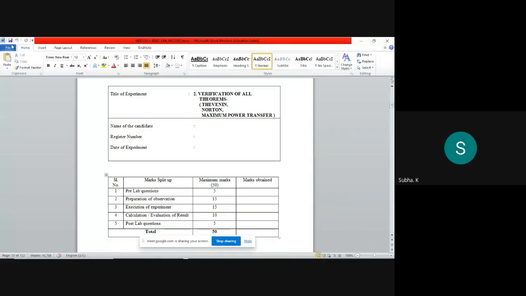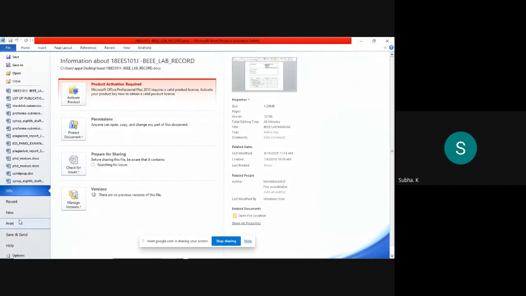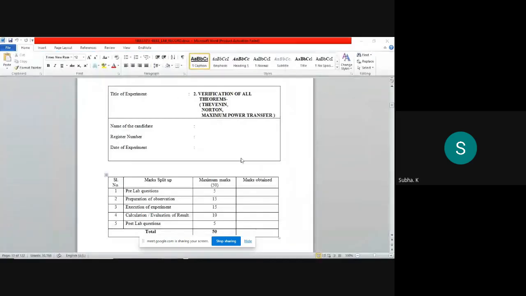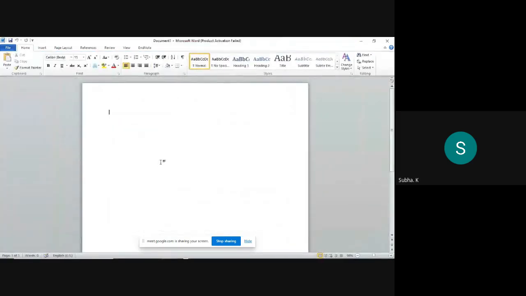I am opening a new one. Are all able to see the document that I am showing? Or otherwise here itself you give enter, one blank page will open. Here I will press control V.